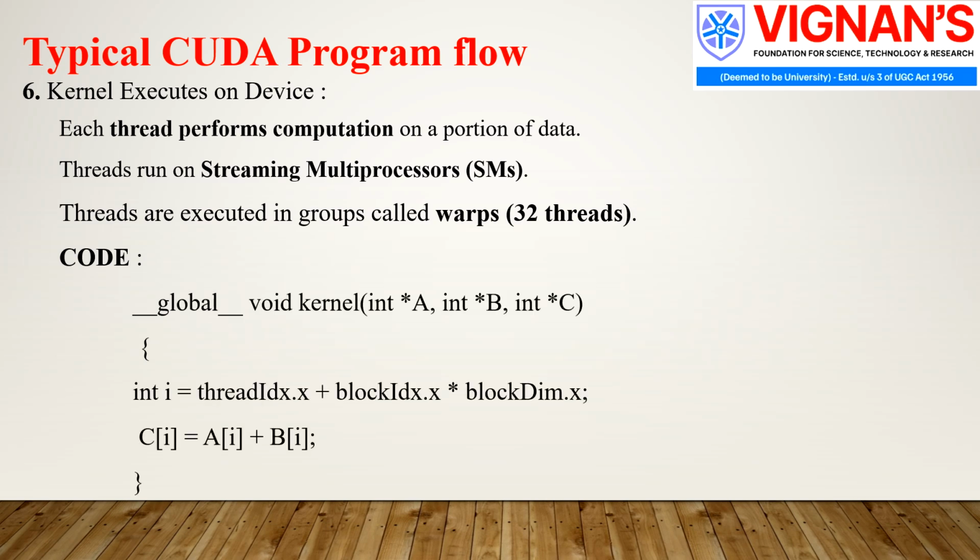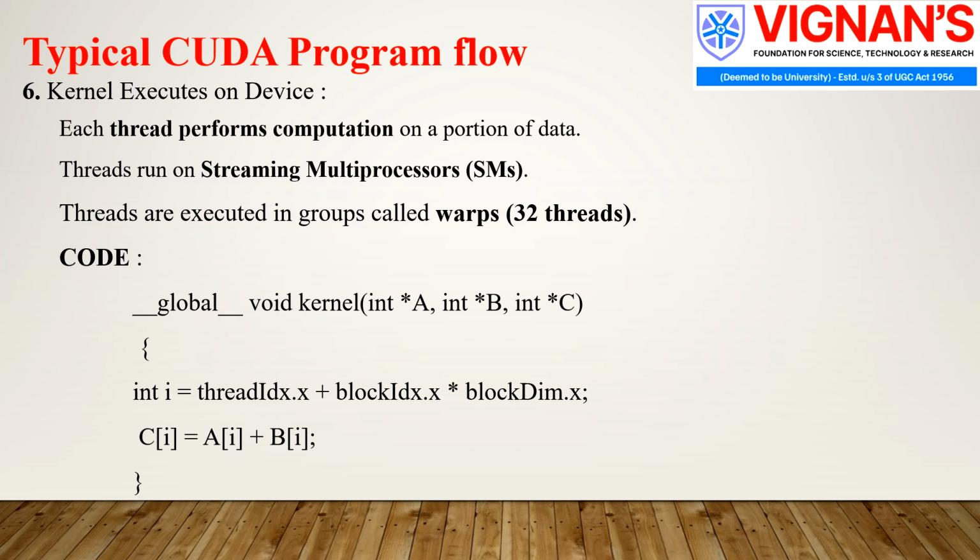Inside the kernel, each thread calculates its own unique index. This index tells the thread which position of the data it is responsible for processing. Using this index, each thread accesses one element from the first input array and one element from the second input array. The thread then performs the computation, which in this case is addition.